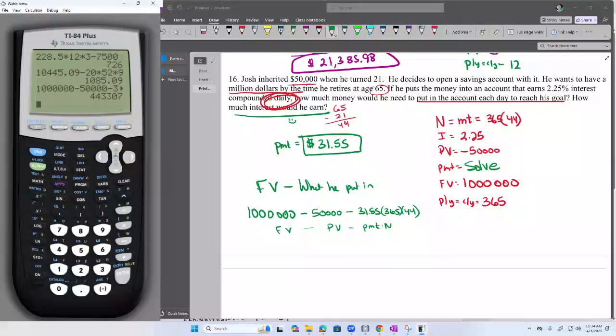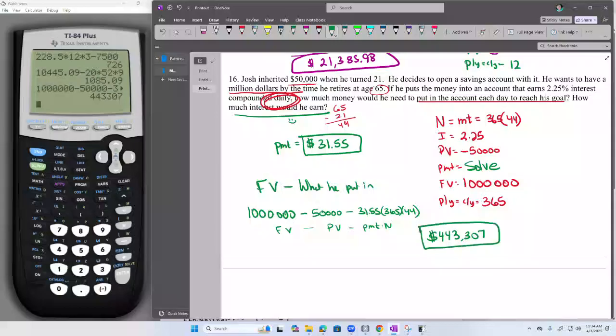Enter. So he earned a lot of interest here, $443,307. It's not too bad. So he has $1 million, and he really only put in about half of that. The other half is interest.